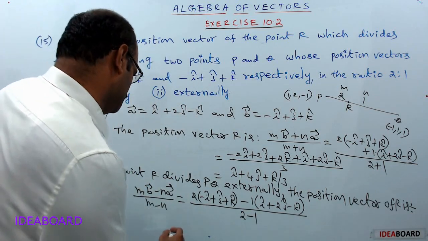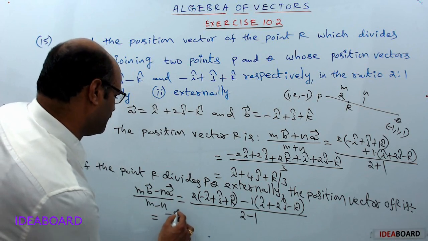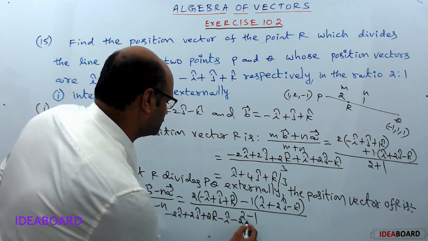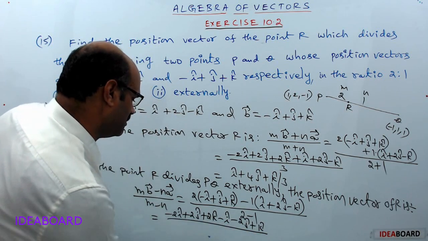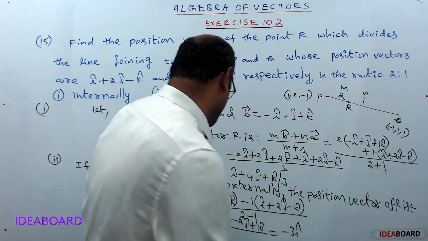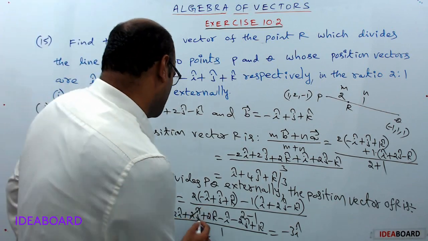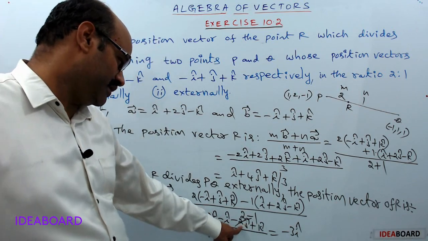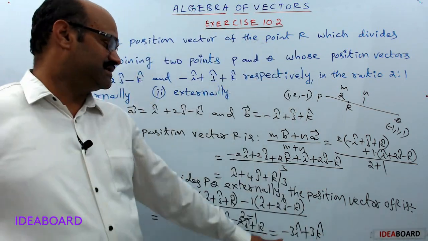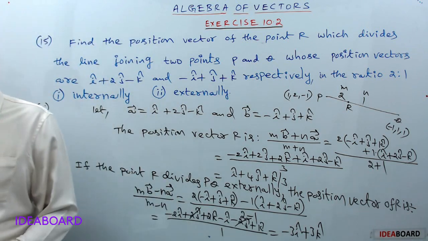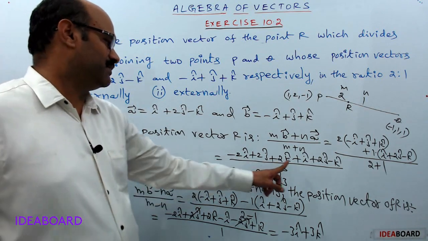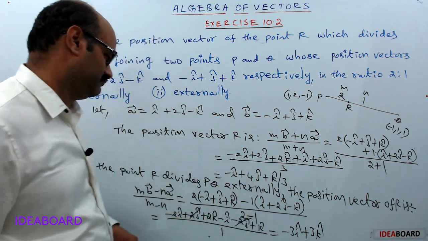That equals minus 2i cap plus 2j cap plus 2k cap minus i cap minus 2j cap plus k cap upon 1. So minus 2i cap minus i cap is minus 3i cap, plus 2j cap minus 2j cap becomes 0, plus 3k cap. So this is the required vector.